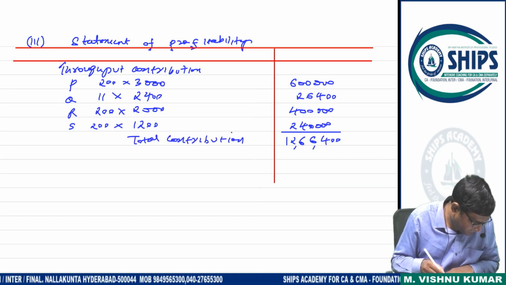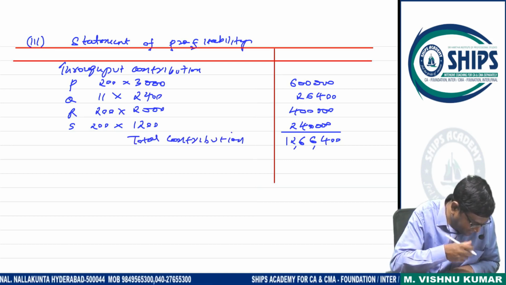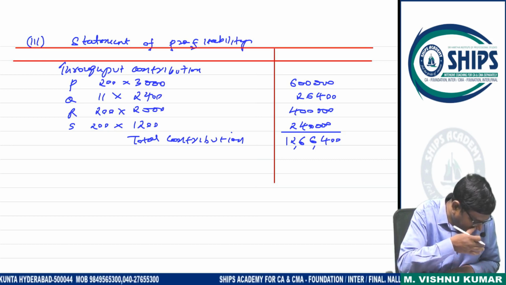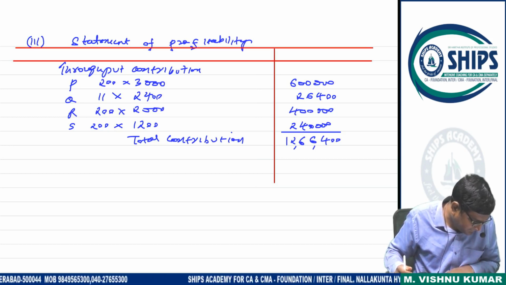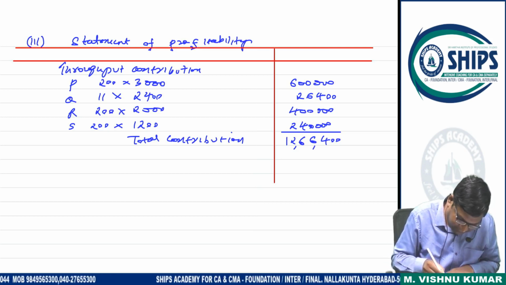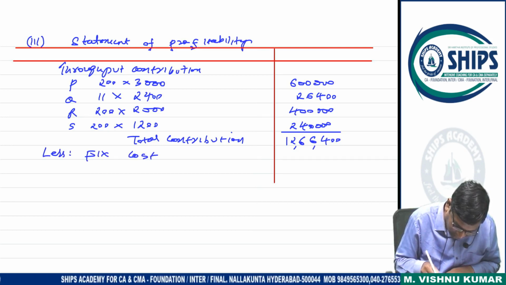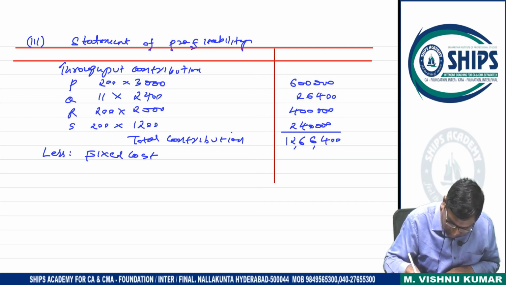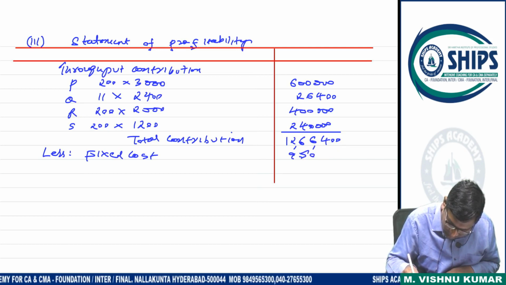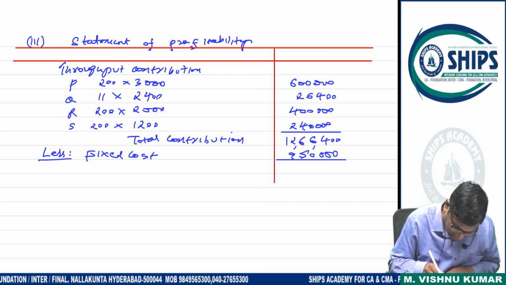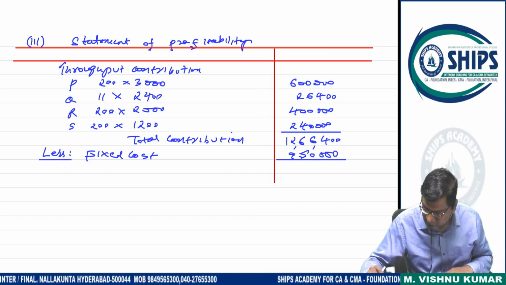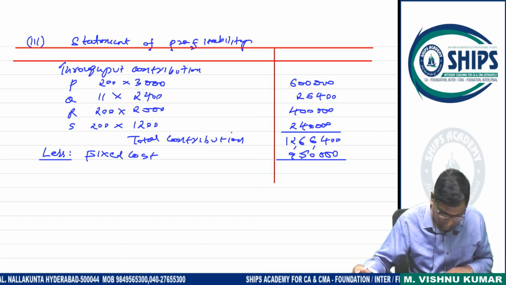Minus fixed cost. Okay. $9,50,000. So 316,400.